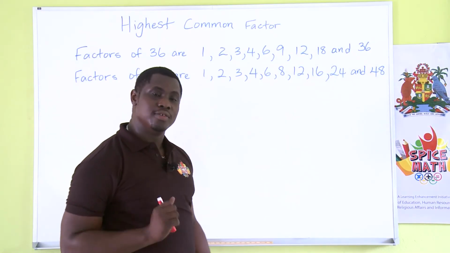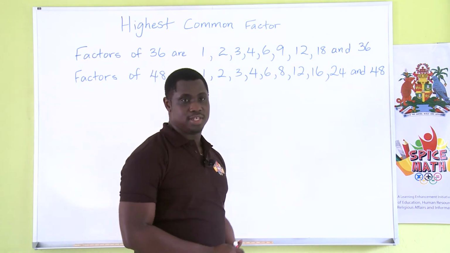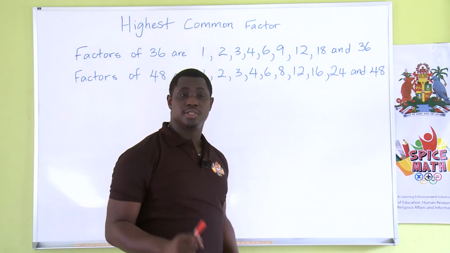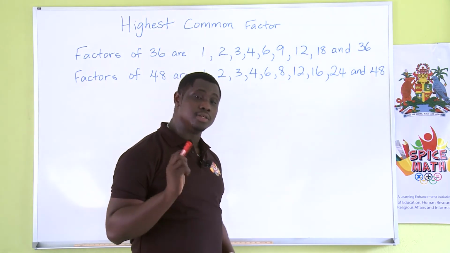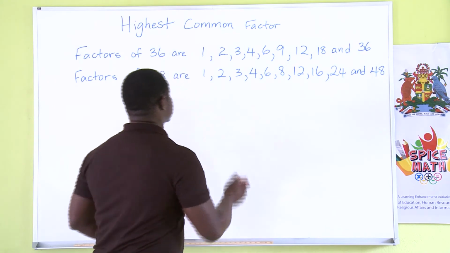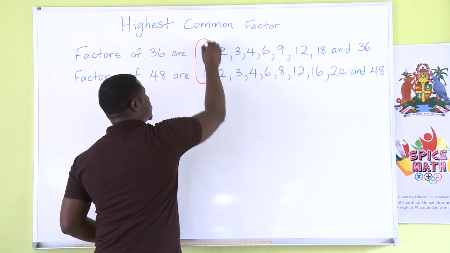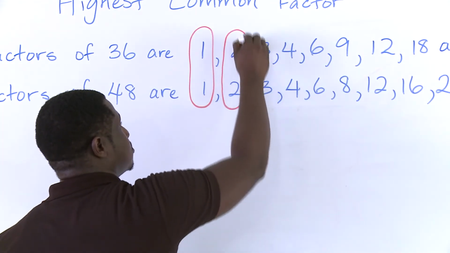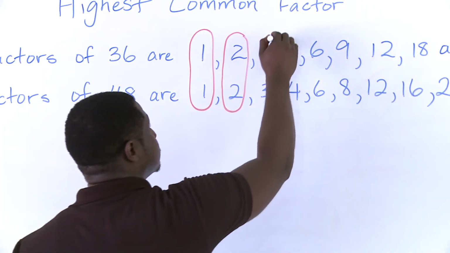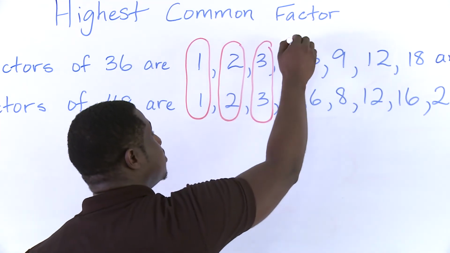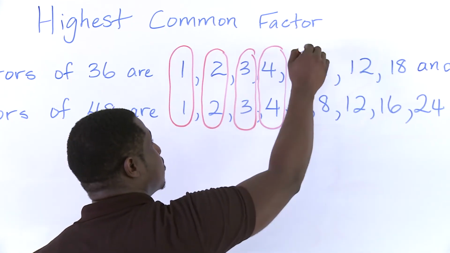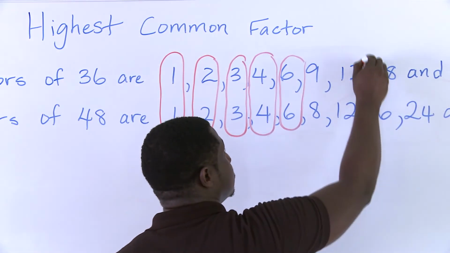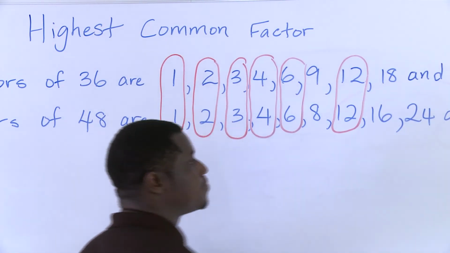Now that we've found all the factors of 36 and 48, can you tell me what is the highest common factor? But first, let us identify all the common factors. 1 is common. 2 is common. 3, 4, 6, and finally, 12.